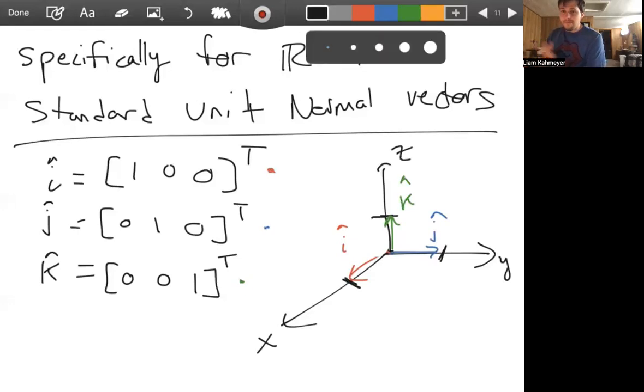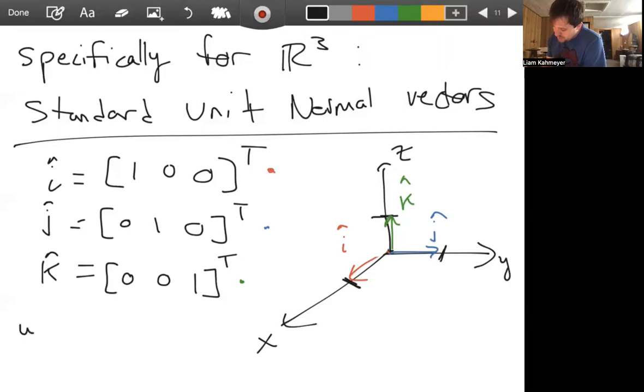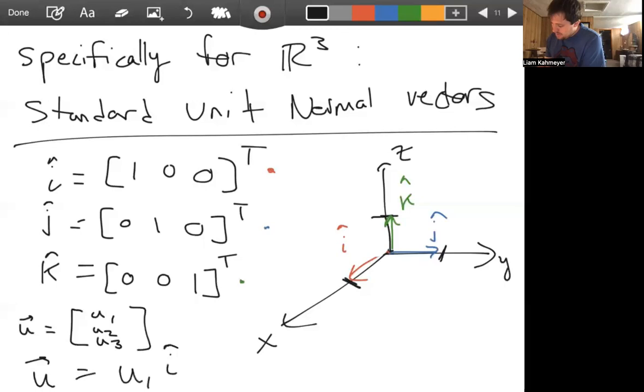And if you'll notice, these vectors make a basis. We'll learn what that means later, but what we'll see is that any vector in R3 is a linear combination of these three vectors. So if U is the vector U1, U2, U3, then U can always be written as U1 I hat plus U2 J hat plus U3 K hat, right?